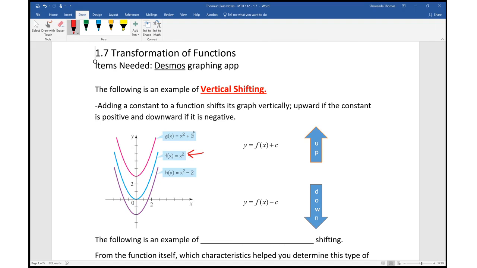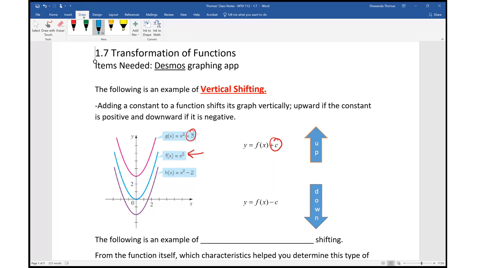But if we add a constant, plus c, notice if we go up 3 units from our original quadratic function, we go up 1, 2, 3 and end up 3 units up, but the same shape.